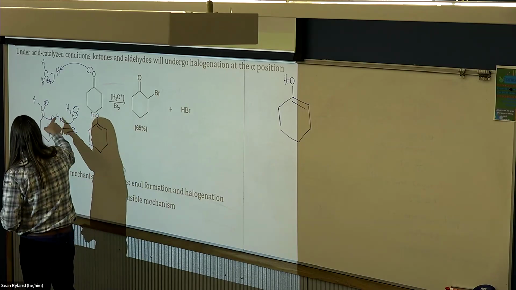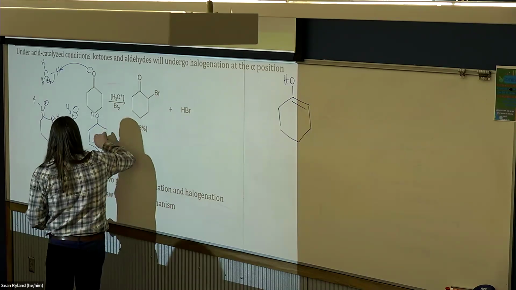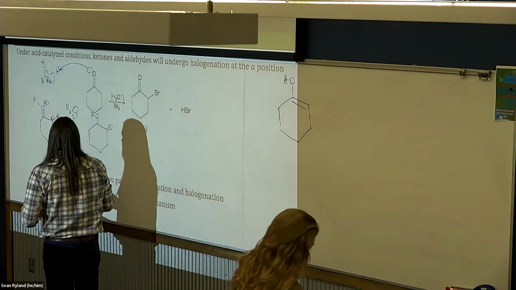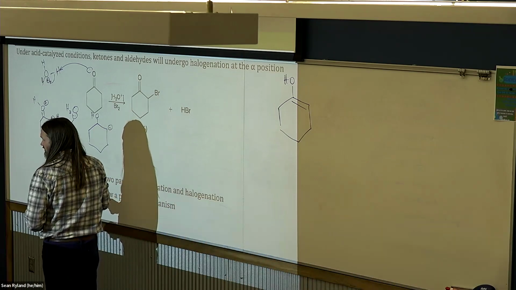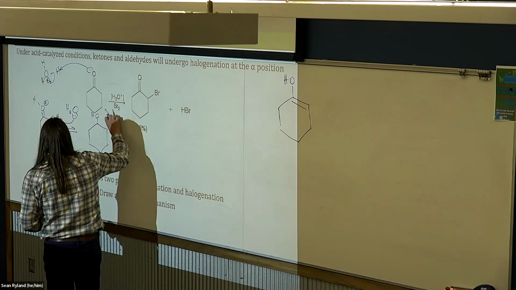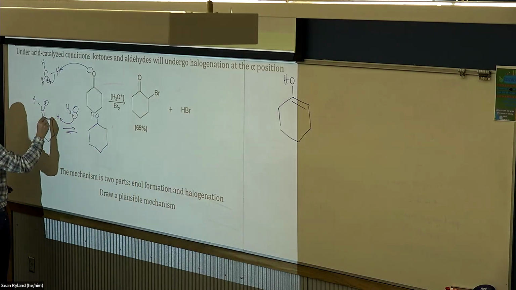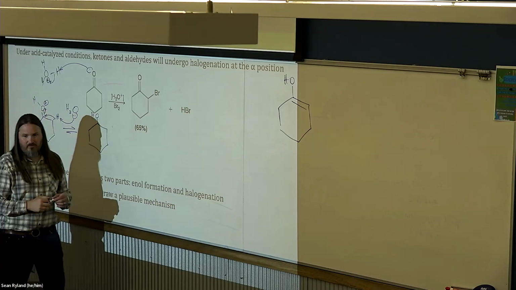Because if we do these two steps first, we at least wind up like that. But we don't really want a negative charge under acidic conditions, so it really makes more sense, especially under acidic conditions, to do that second step all at once.